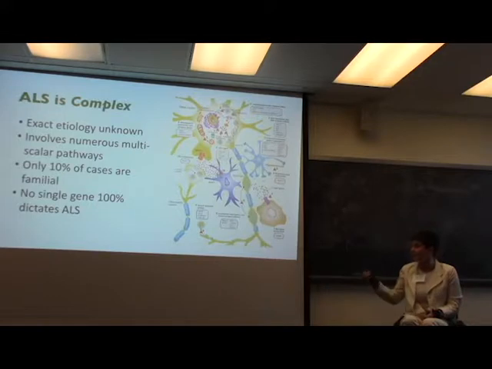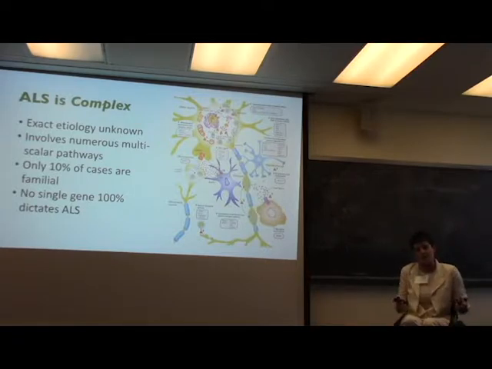It could be inflammatory, where you have astrocytes and microglia, which are the helper cells around nerves that go bad, and therefore we don't really know.